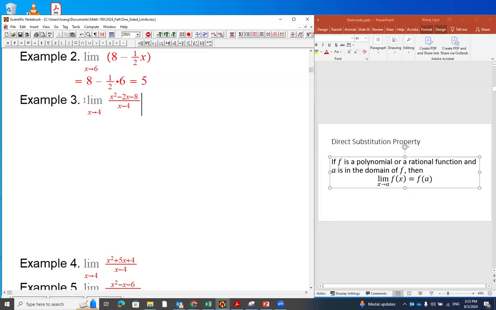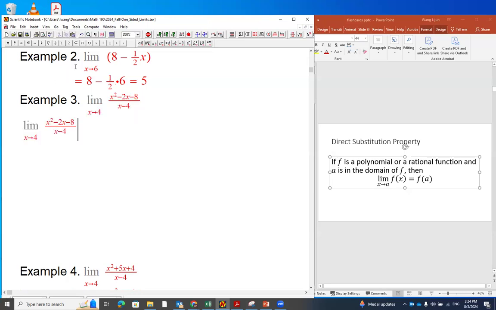And on this one, obviously, we do not use direct substitution. It's the same consideration. We cannot do direct substitution. We cannot use the limit law because x is approaching 4, and the denominator is approaching 0. So we have to resort to algebraic manipulation. We work on the algebra part.